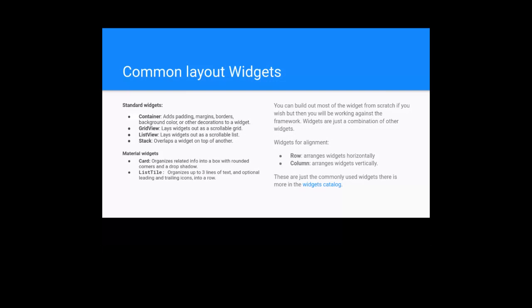Because Flutter allows you to do all that, you don't have to stick to one paradigm. You can just combine different widgets to get the desired look. So that is pretty much about Flutter and widgets and installation and everything.